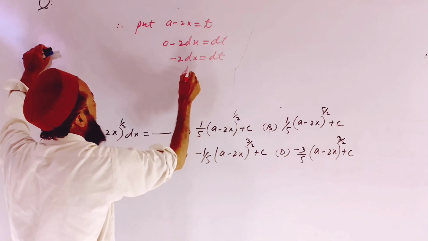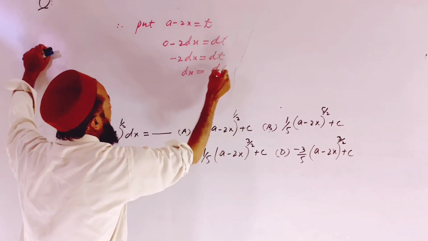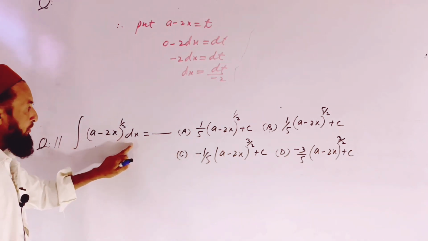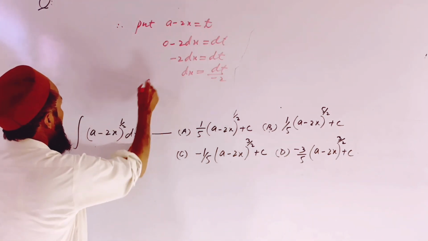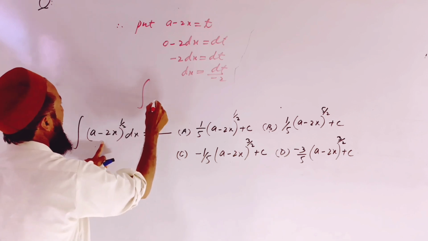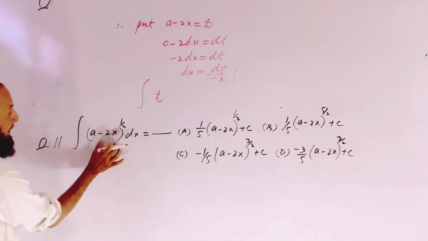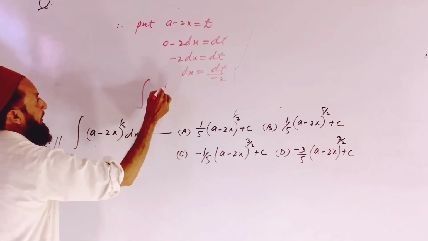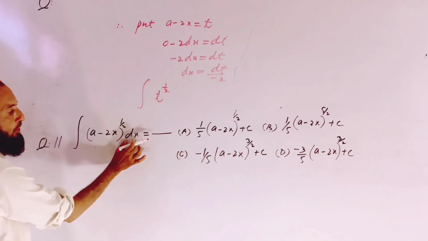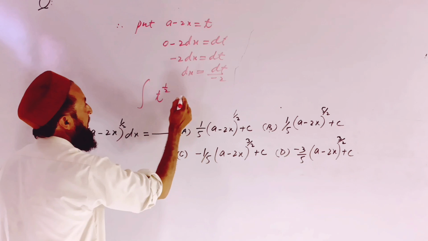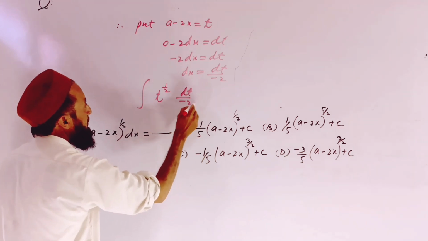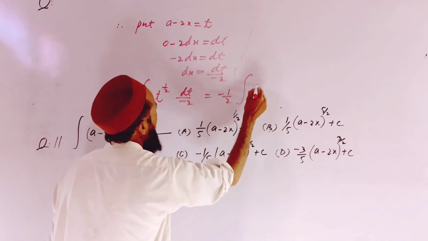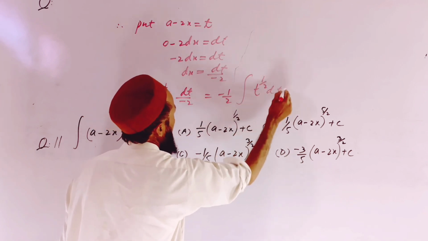Dividing both sides by minus 2, we get dx equals dt divided by minus 2, because we are finding dx. Now we substitute: in place of a minus 2x we put t, with power 1 divided by 2, and in place of dx we put dt divided by minus 2. So minus 1 over 2 is a constant value, and we are left with integral of t to the power 1 by 2 dt.